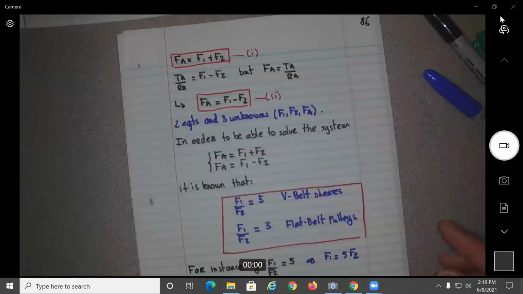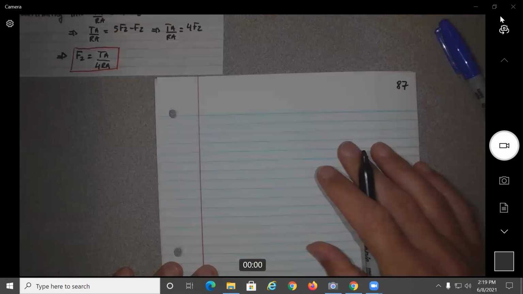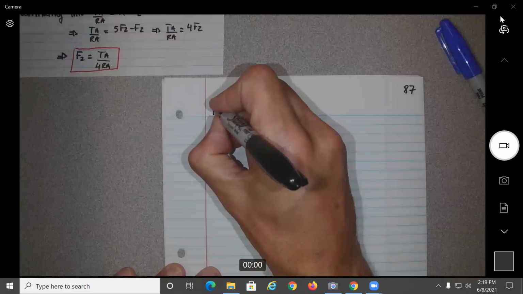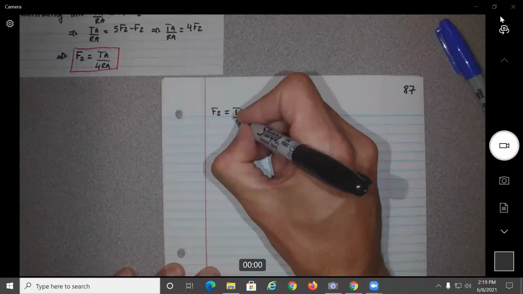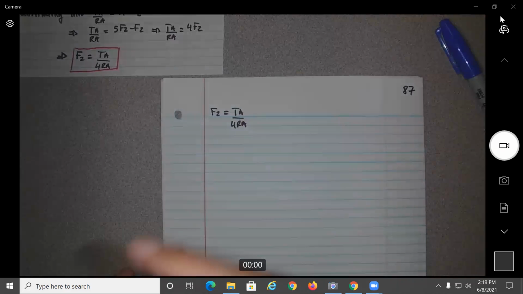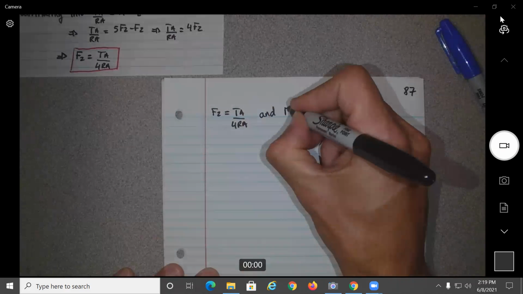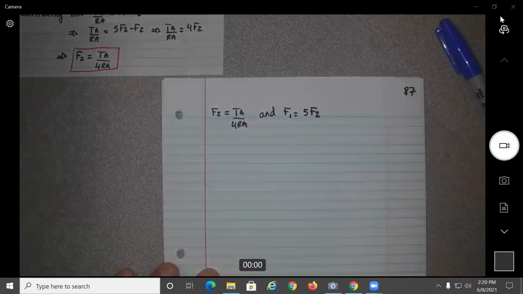All right, so almost done. So now we know that F2 equal to TA over 4 R sub A, and we know that F1 was equal to 5 F2.